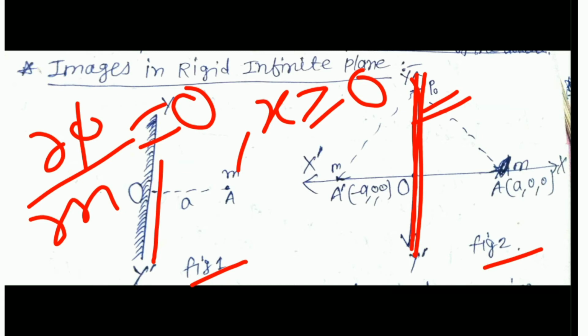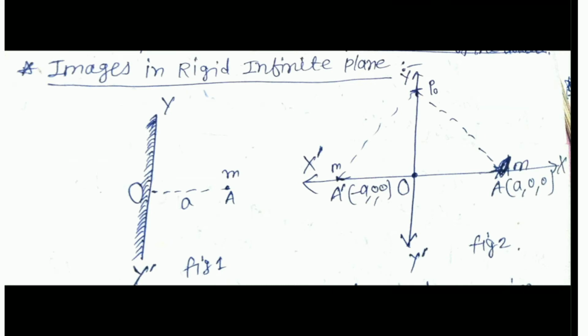By the uniqueness theorem, we infer then that the image of m at A in y dash, in this figure, is m at A dash, the optic image of A in y dash.